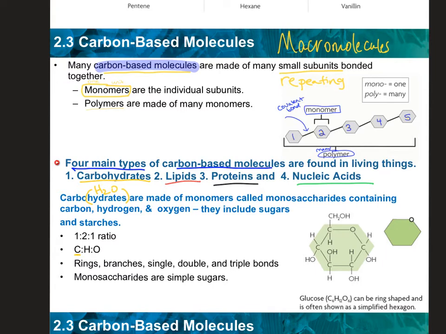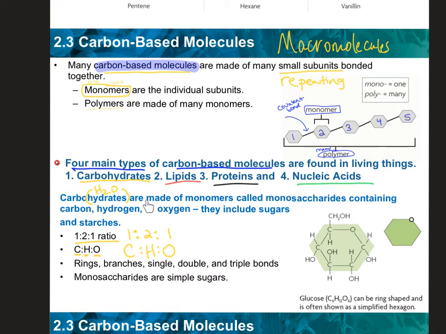And that's going to lead us to this 1-to-1 ratio. So carbohydrates are made of carbon, hydrogen, and oxygen. And the carbon, hydrogen, and oxygen that make up carbohydrates are in a special ratio. That means for every 1 carbon, I have 2 hydrogens and 1 oxygen.